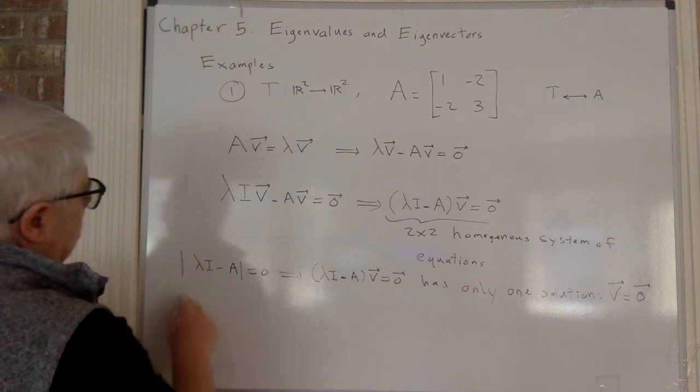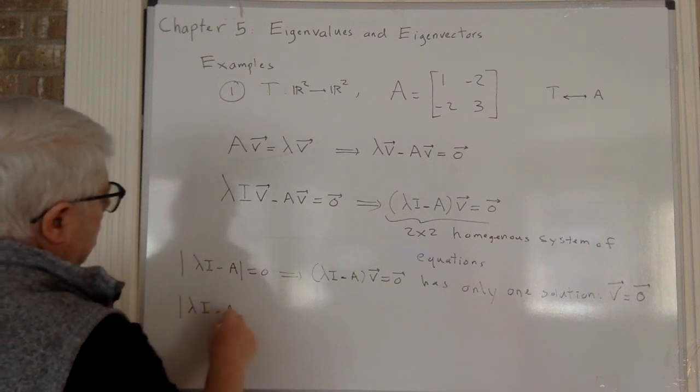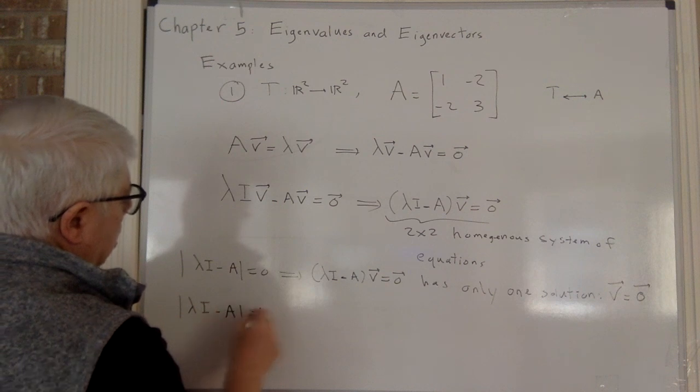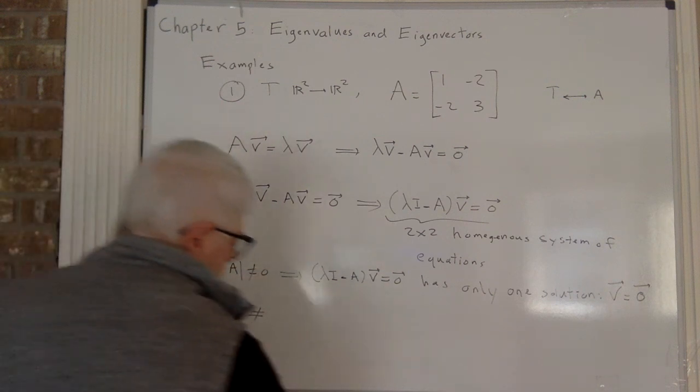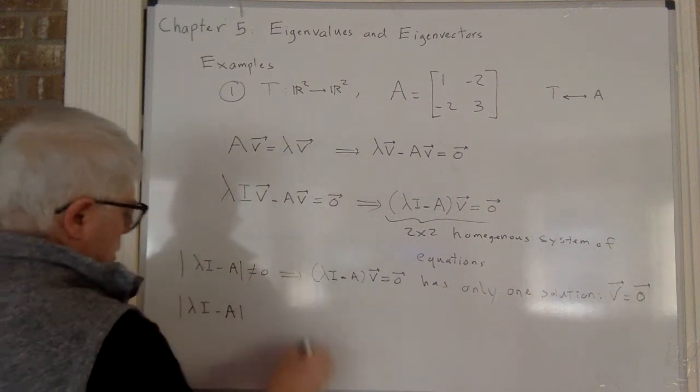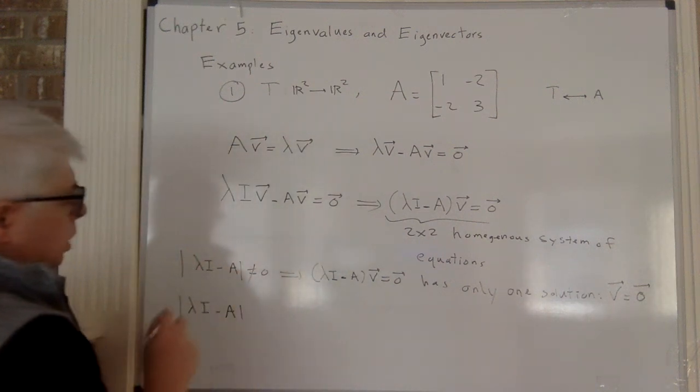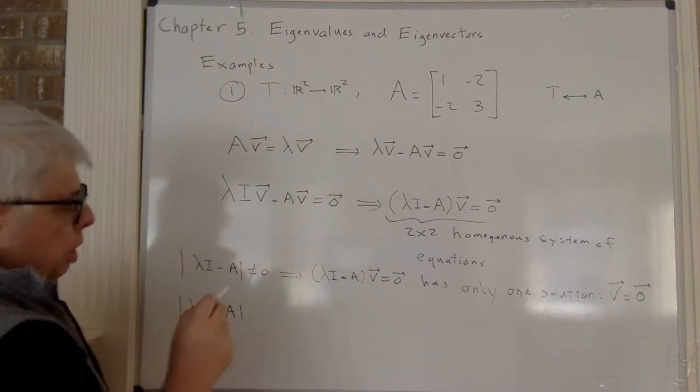So the other way is this. Sorry, this is not 0. If that's not 0, then it has one solution. Sorry.